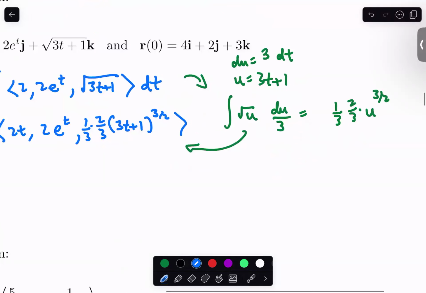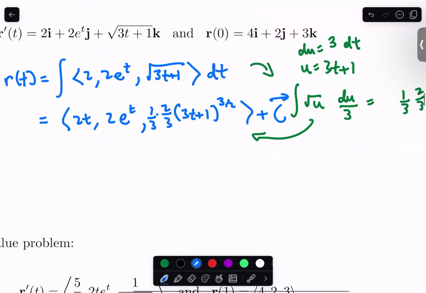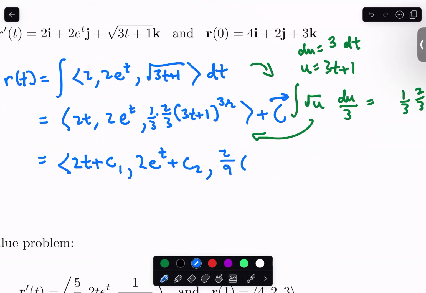So you can either do a plus constant vector, or you could go along to each piece here and do 2t plus its constant, 2e to the t plus its constant, and then 2/9 times 3t plus 1 raised to the 3/2 plus its constant. They can be 3 different constants. You can name them C, D, and E if you'd like, or you can name them with subscripts, but somehow you have to know that these are possibly different.